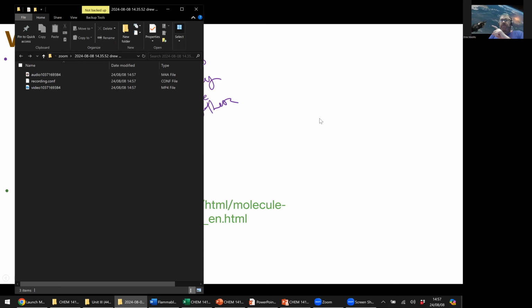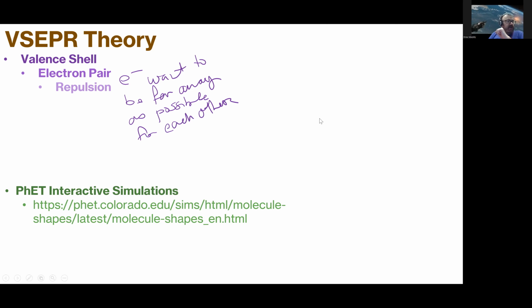Okay. When we're thinking about shapes, we're going to use two terms and they get mixed up and confused. I have a system that I use to keep things straight. We have a term called geometry.